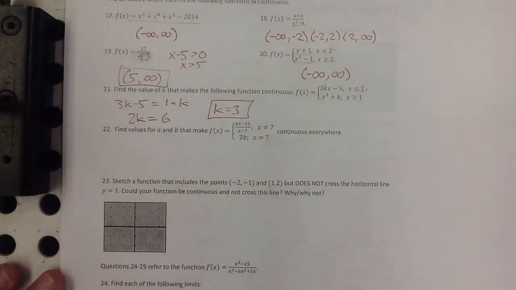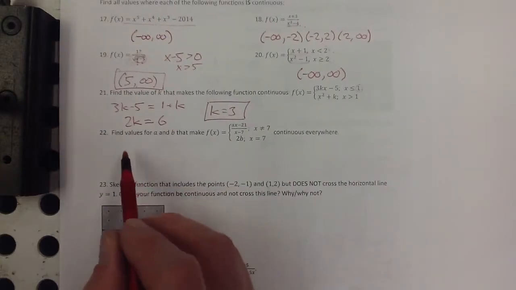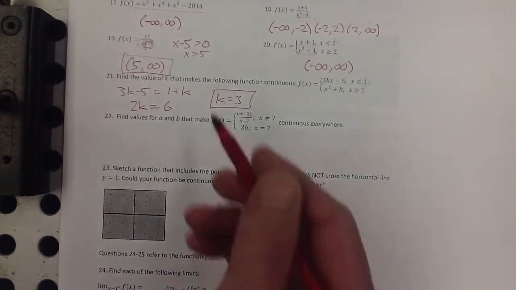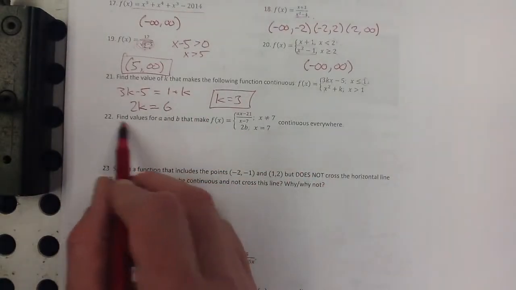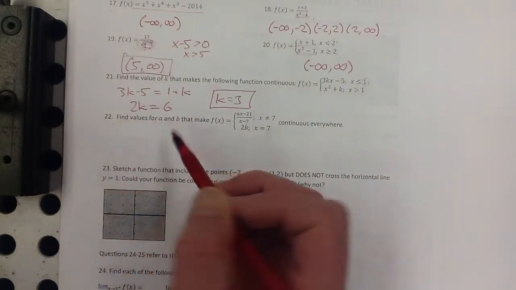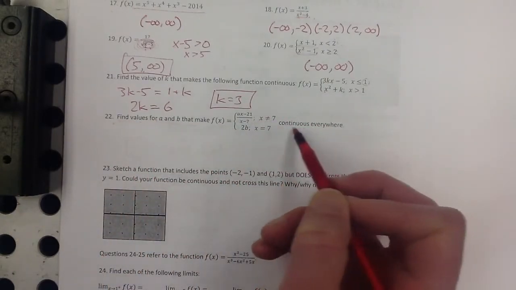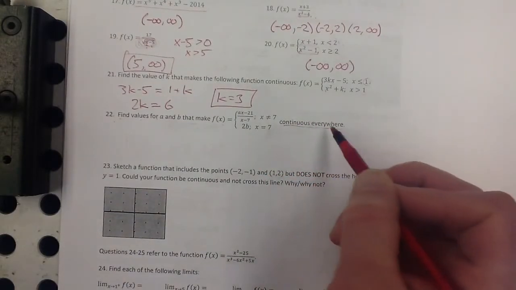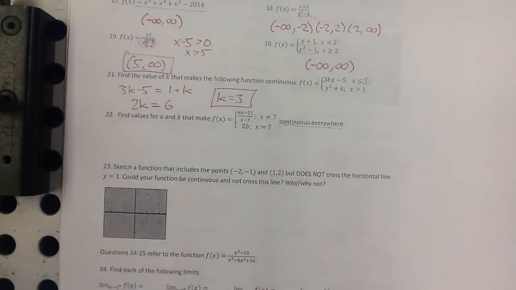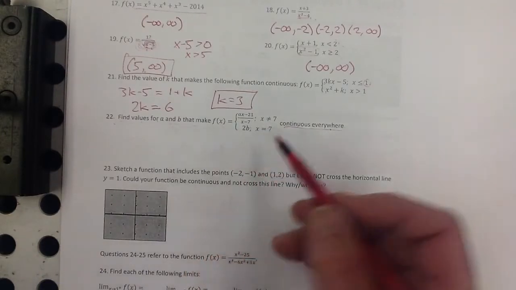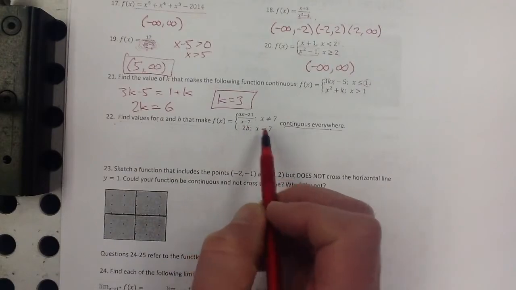How about this one? This one is a little bit more challenging, I think. I'll give you a little nudge and then you can pause and try to continue from there if the nudge helps you. So we want to find values for a and b that make this function continuous everywhere. Well, let's see. If it's going to be continuous everywhere, then the first thing we might realize is the only kind of issue we could possibly have is a hole.